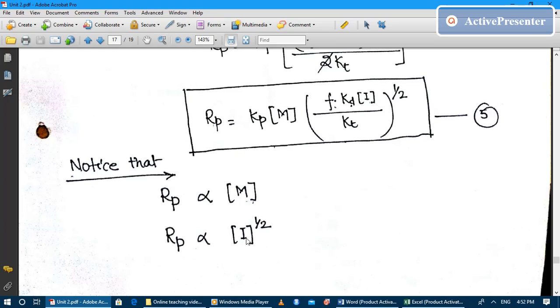That means if we double the concentration of initiator, it doesn't mean the rate of polymerization is going to be doubled, because Rp is proportional to the under root of concentration [I]. It will increase only according to the under root of the concentration.